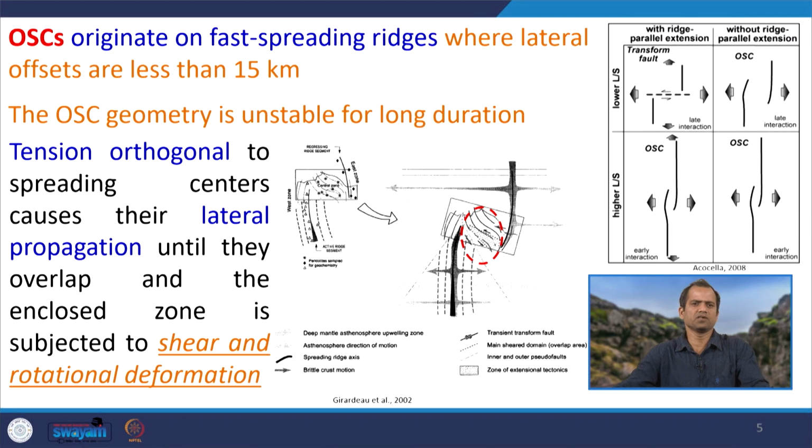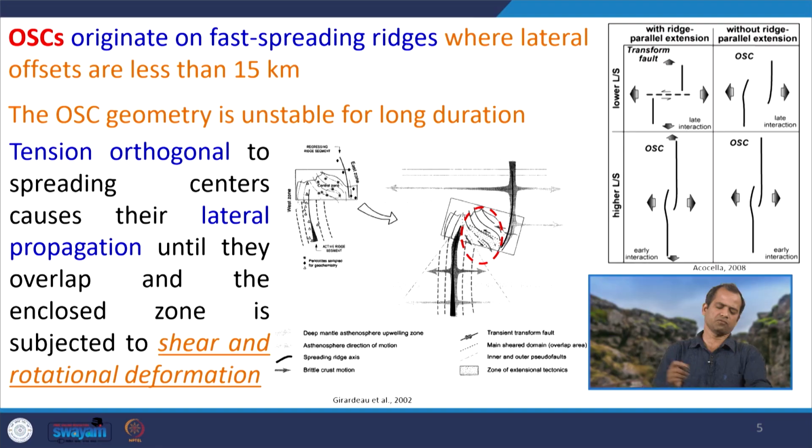Now, the overlapping spreading centers that originate on fast spreading ridges, where the lateral offsets are less than 15 kilometers, have an unstable geometry for a longer duration. That means they are not geologically durable; they exist for some million years, and with time they shift their position.